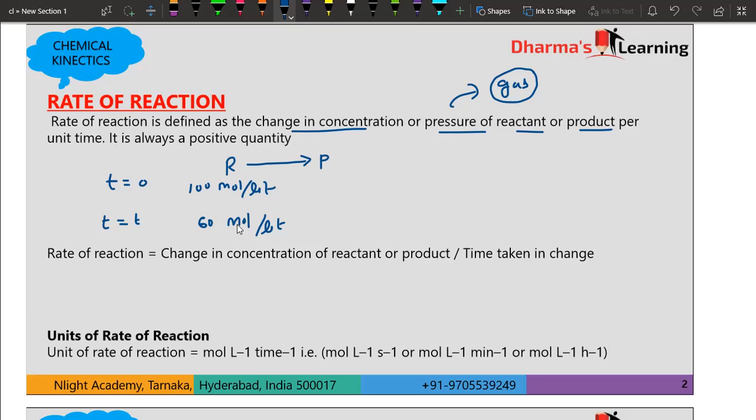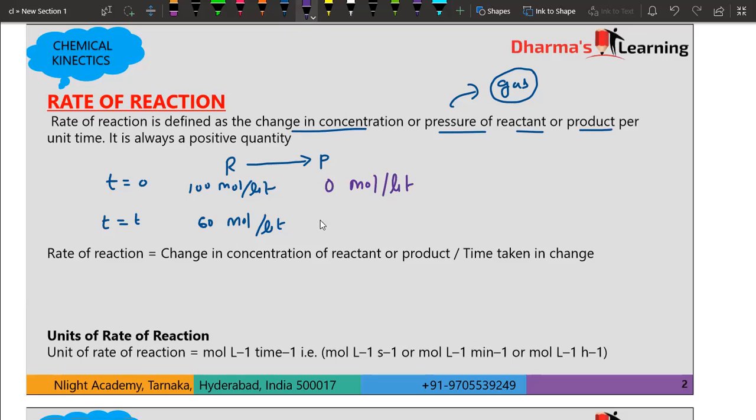Similarly, what will happen with the product? At time t equals 0, there will be no product, meaning 0 mole per liter is present. But as soon as time proceeds, the reactant starts reacting and converts into product. It means the concentration of the product is going to increase, right?